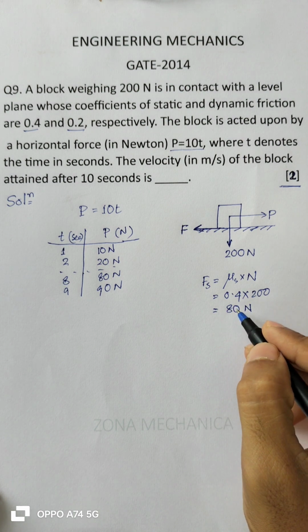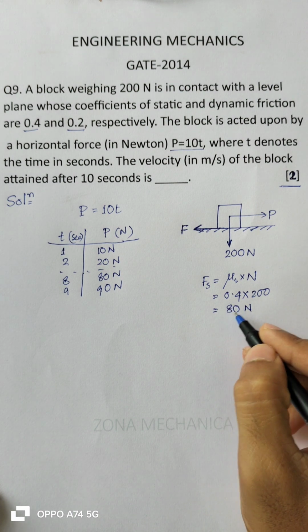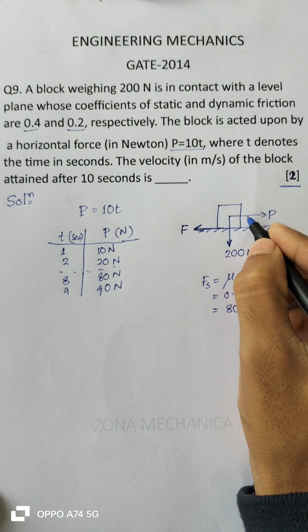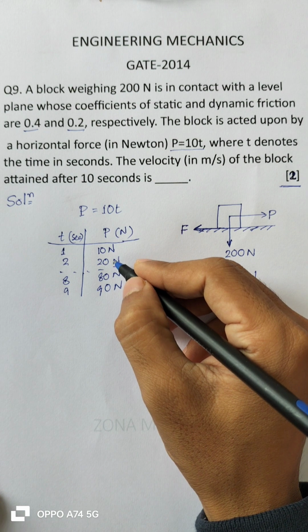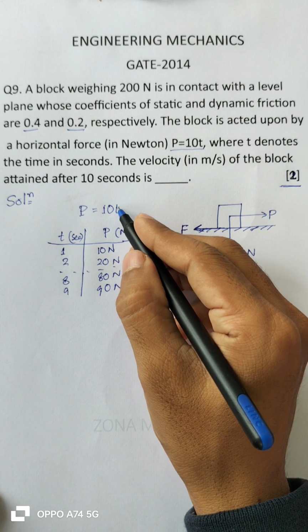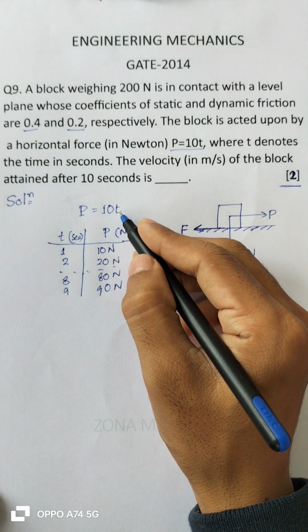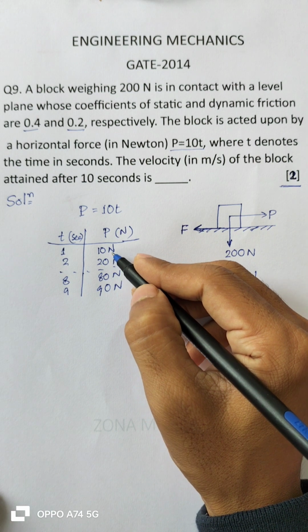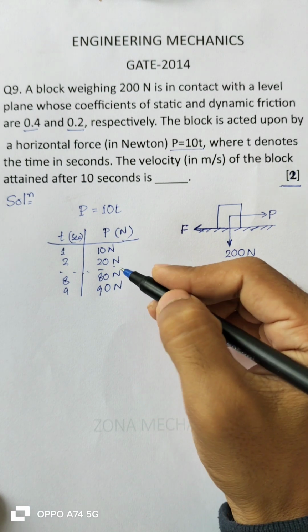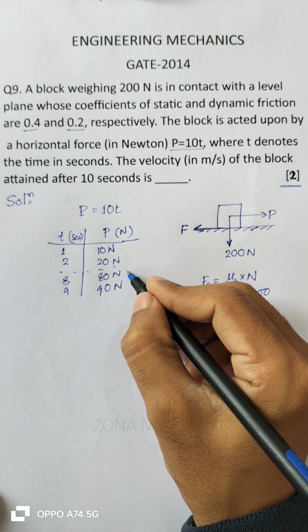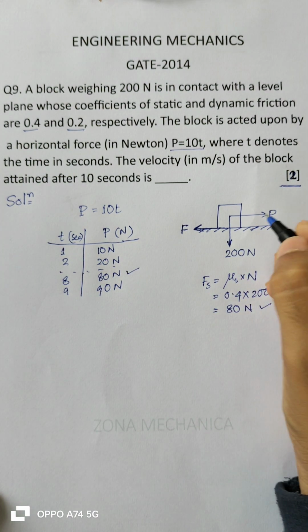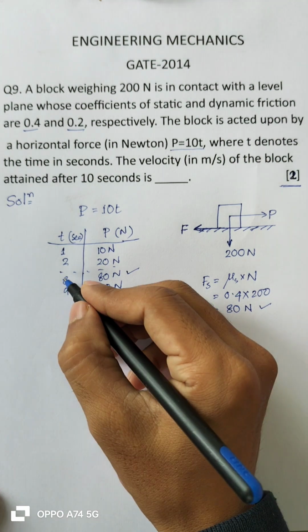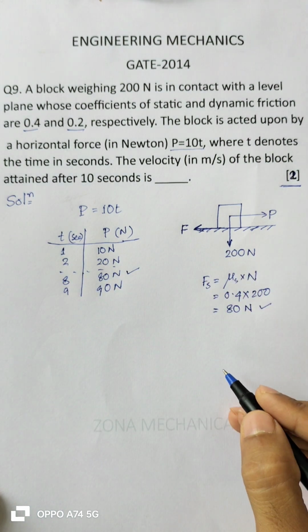That means up to this 80 Newton, as we gradually increase P, since t is increasing, P is also increasing, and once it reaches 80 Newton, only then it will start moving. So that means at 8 seconds.